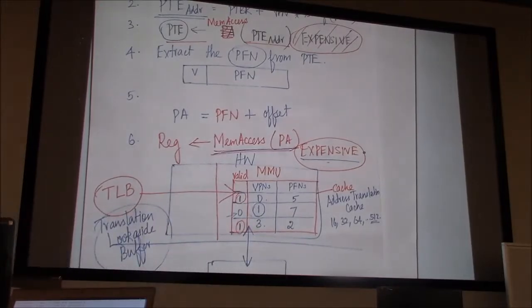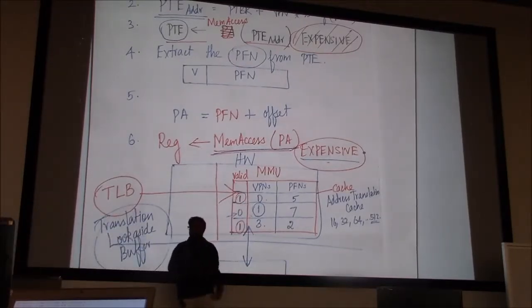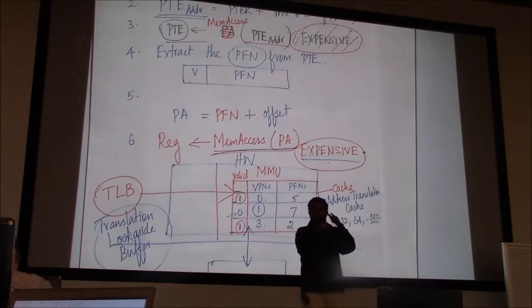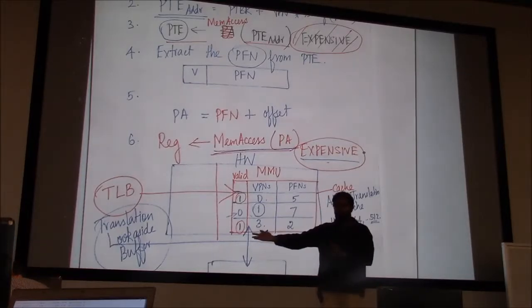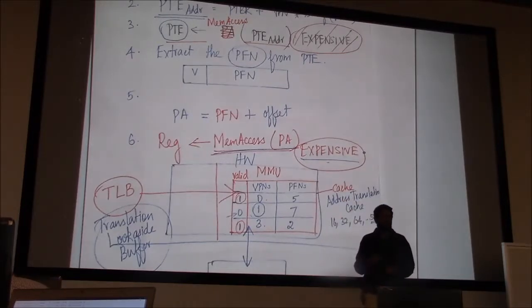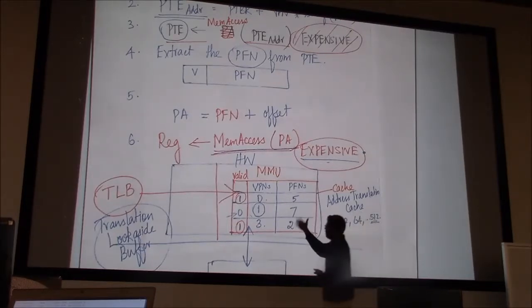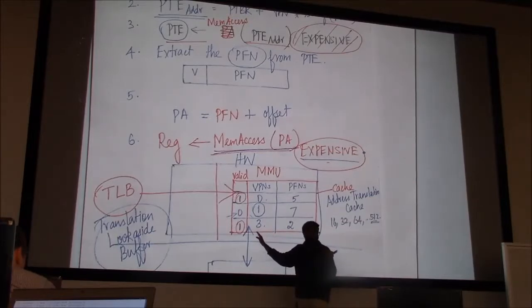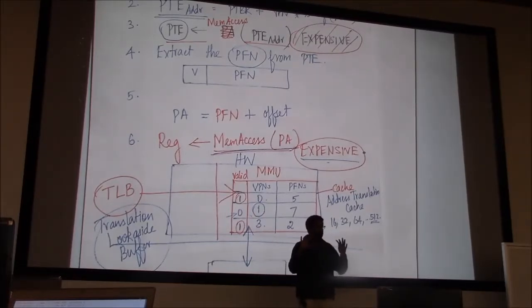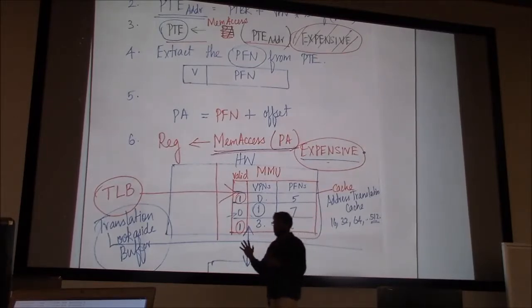But even before that, one important thing here is there may be a case that we are searching for, let's say, VPN 2. And this TLB has little space for holding page table entries when compared to the actual page table, so we may not be able to store the entire page table here. It can easily be possible that only a few page table entries are actually cached here in the TLB, and so the VPN that you're searching for may not even be here. That is one case. One other case is that it shows as if it's here, but the valid bit says it is not a valid translation.